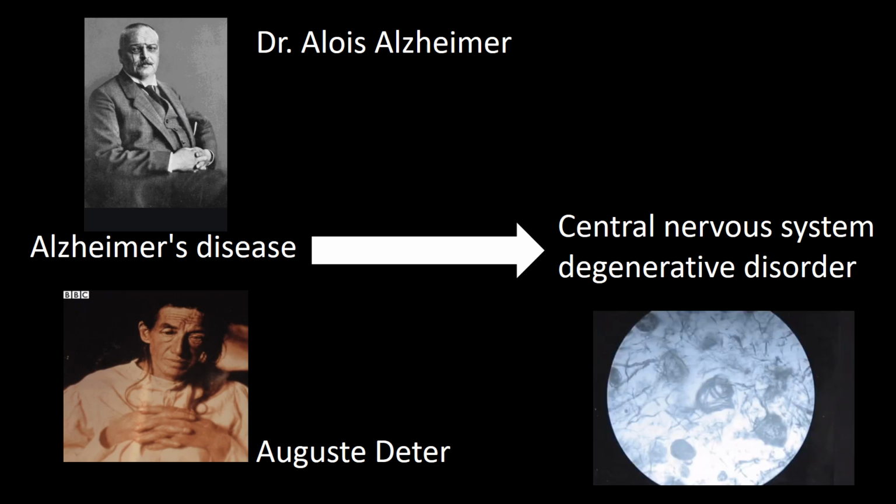It was classified as such in part because of the microscopic findings of plaques and tangles of unknown cause that were found in the autopsy of Auguste's brain. The autopsy was done 5 years after her symptoms of dementia had started.